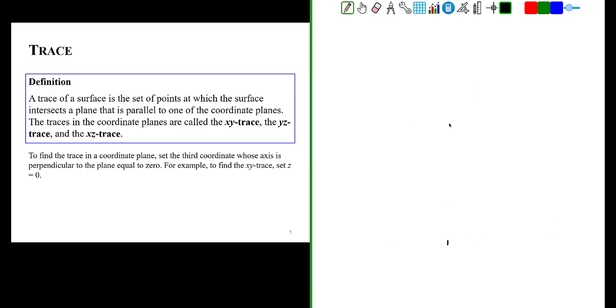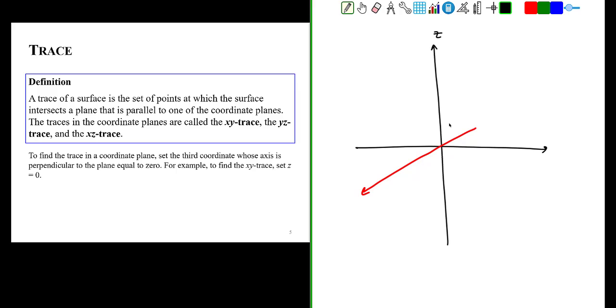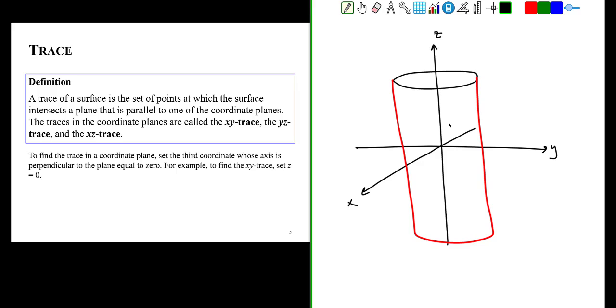Now imagine taking that same cylinder, we'll resketch the cylinder, it's good practice. Imagine our same cylinder. And now imagine that we are going to take our plane and produce a number of different traces.